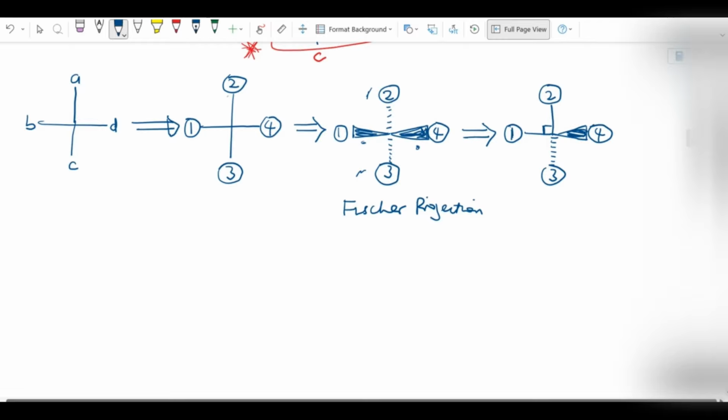So I'm going to redraw that structure based on the ideal angular distance. So the ideal tetrahedral arrangement will have this kind of bond or this kind of angular distance. Now, wedge and dash bonds usually point along a similar direction.